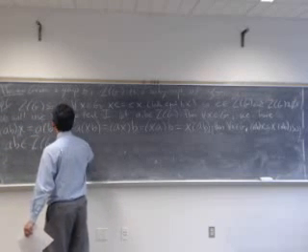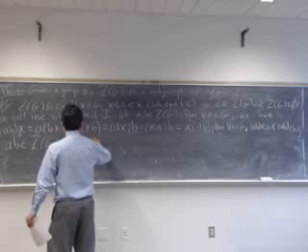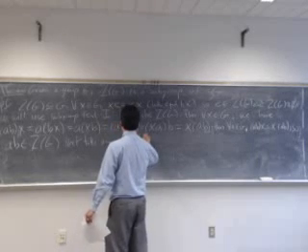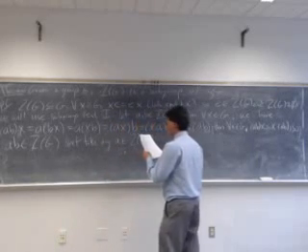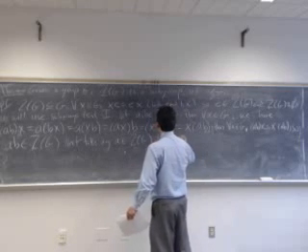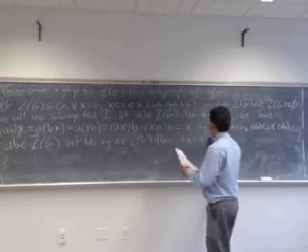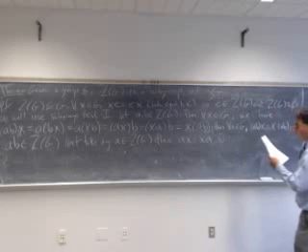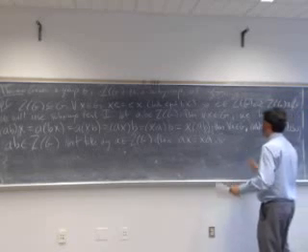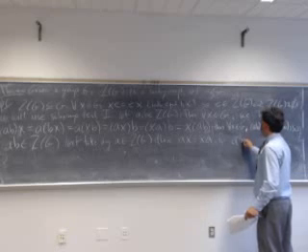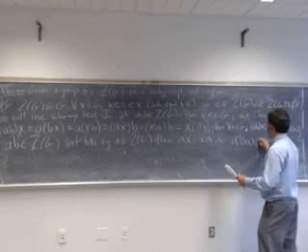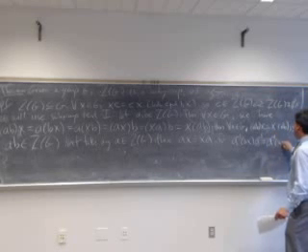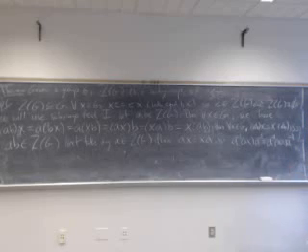Now the next step: take any A in the center. Then AX equals XA. So let's multiply by A inverse on both sides. A inverse AX A inverse is equal to A inverse XA A inverse.